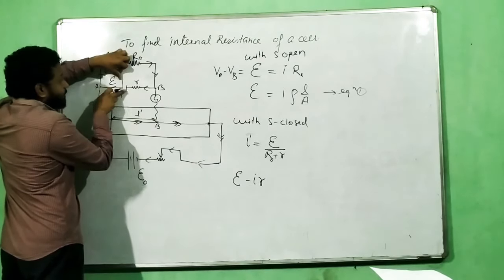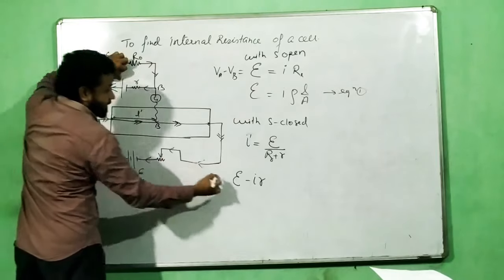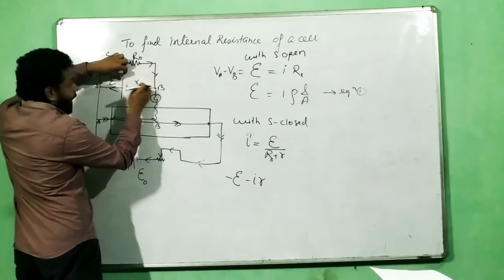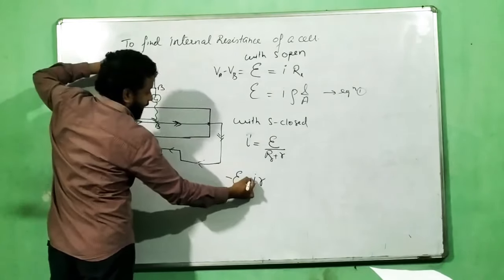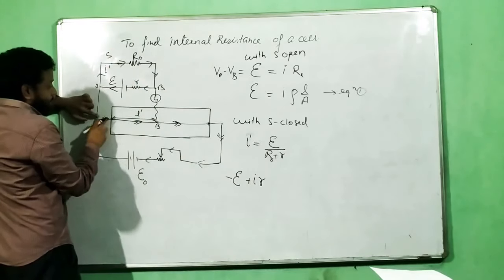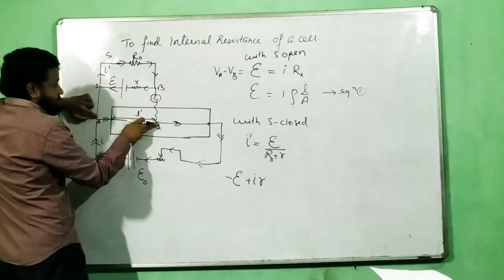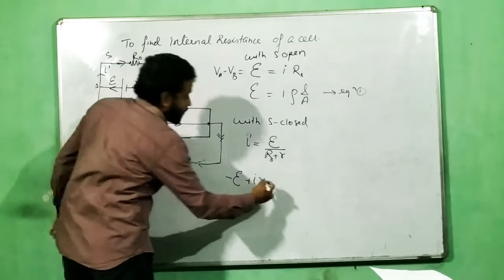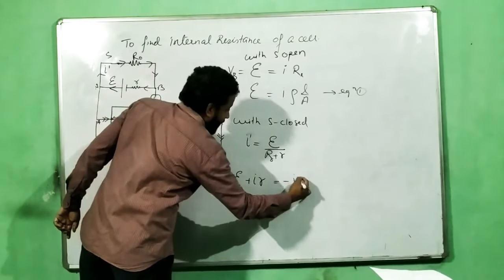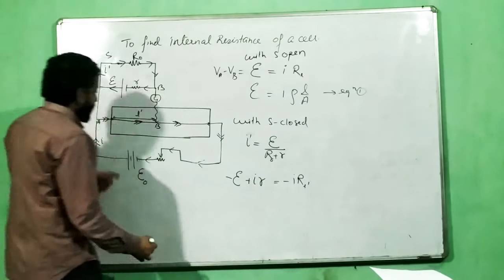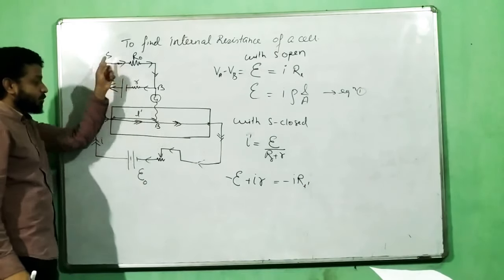Because it is going from plus to minus. And this you are coming upstream against the flow of current, so you will write this as positive. But at the same time, when you are going from here to here, this also is going downstream from high potential to low potential, so this also you have to write as negative. So minus I times R L dash, where L dash is the balancing length in the new case.